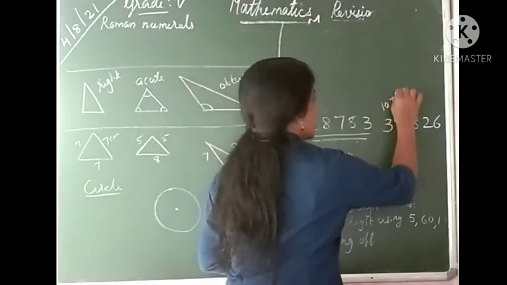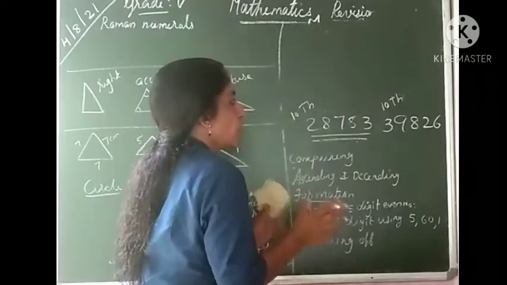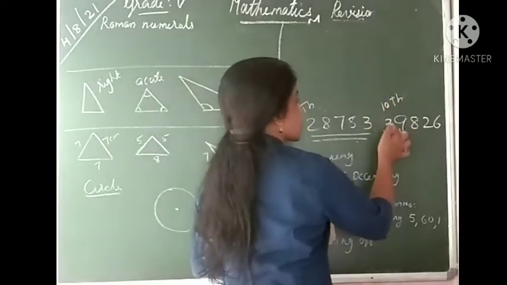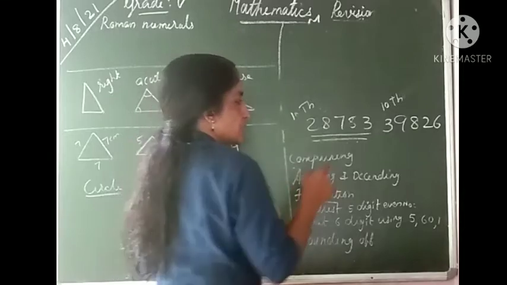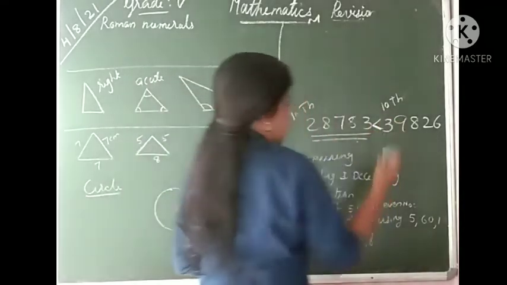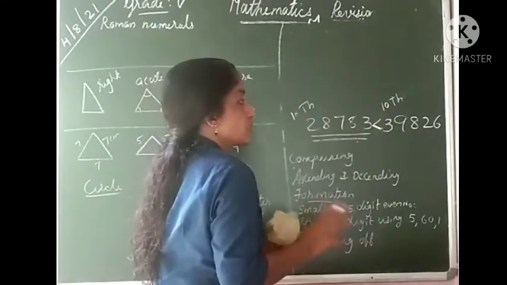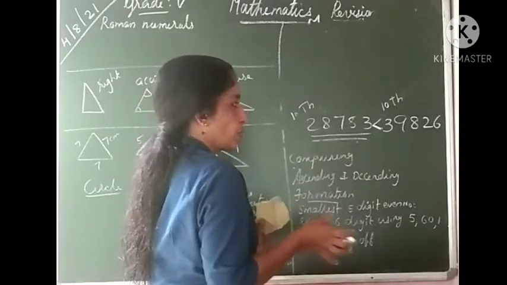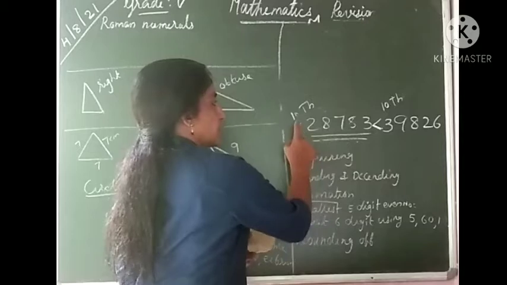This is 10,000 and this is 10,000. In the 10,000's place, here the number is 2 and here the number is 3. Which one is greater? 3. Therefore, we can put it this way. Understood? First check the number of digits. If the number of digits is equal, then you can check from the greatest place.